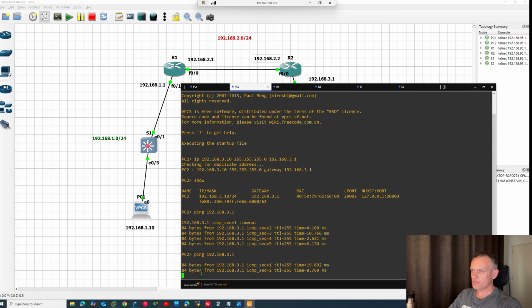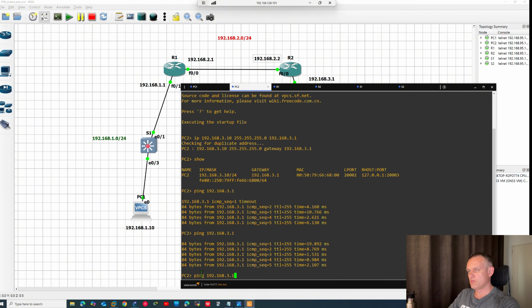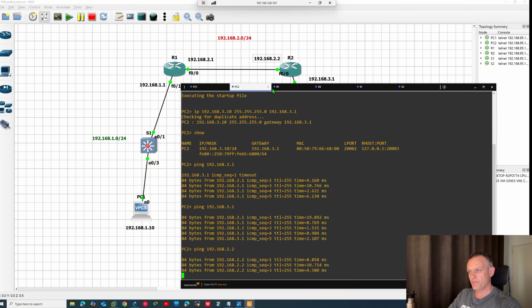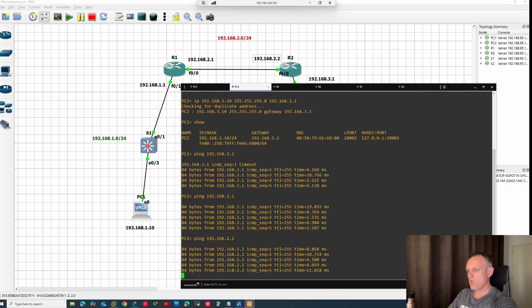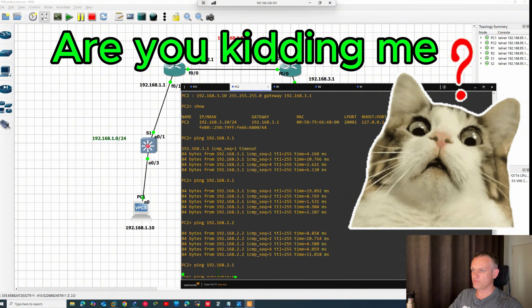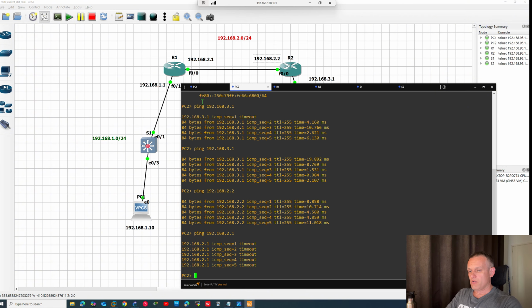Then 2.2, enter. We have this connection from the other side. Then 1.1. We don't have this connection. And as well, we can't ping 1.1.